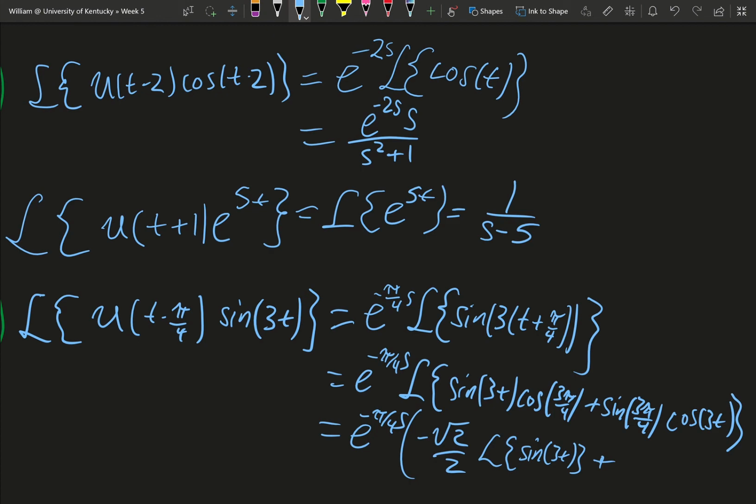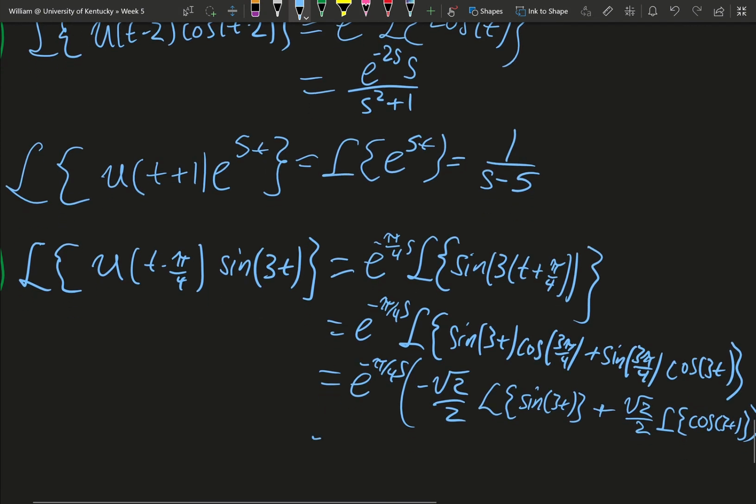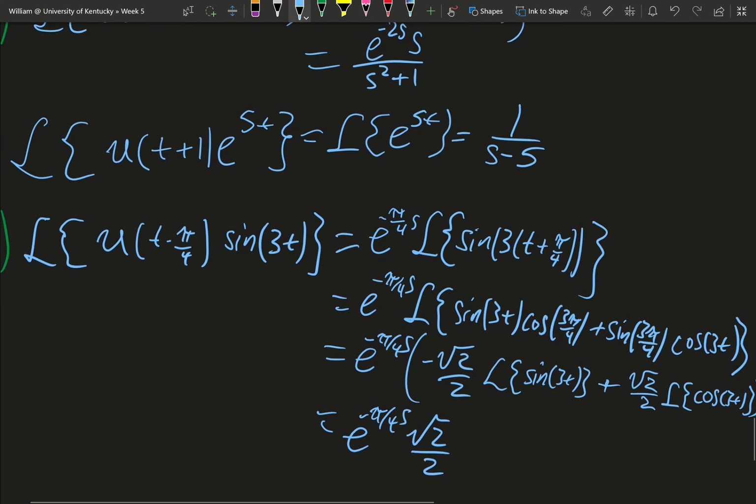Sine of 3 pi over 4 is positive square root of 2 over 2. And if we pull out a root 2 over 2, we're going to get s over s squared plus 9, and then minus the Laplace transform of sine, 3 over s squared plus 9.